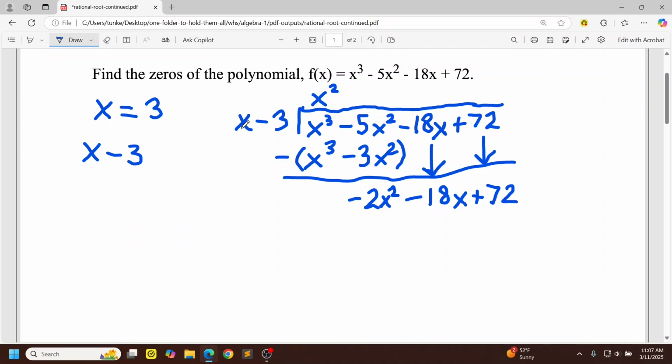So now we think, what do I multiply x by to get negative 2x squared? Well, that's going to be a negative 2x. Negative 2x times x is negative 2x squared. Negative 2x times negative 3 is plus 6x.